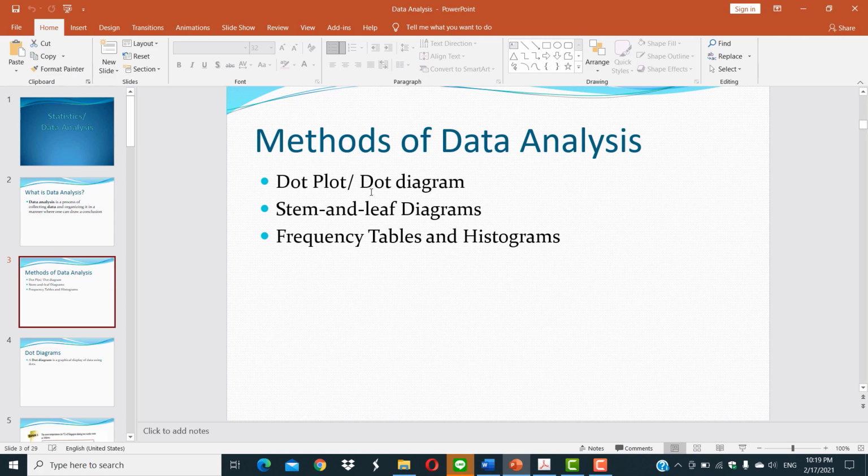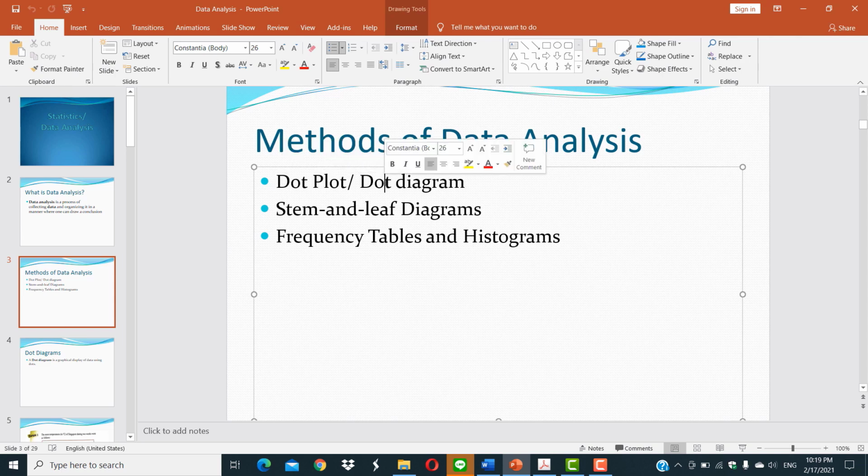In our book, there are methods of data analysis: dot plot or dot diagram, stem and leaf diagrams, frequency tables and histograms. First of all, dot plot or dot diagram.